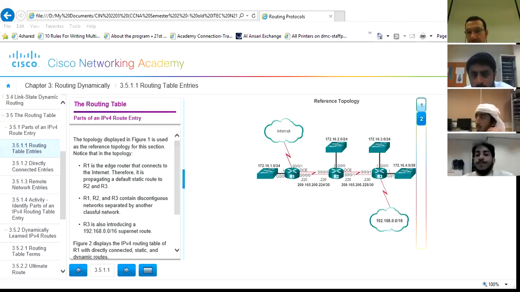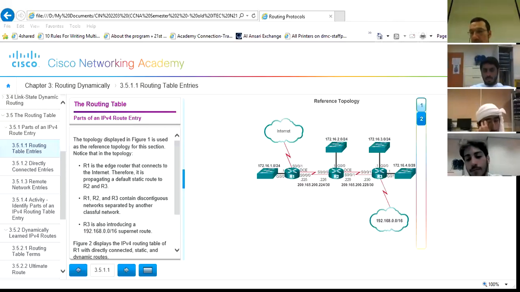So let's have a look. What else do we have here? R1 is connected to network 172.16.1.0 through its G0/0 interface. R1 also has, on its serial interface on the WAN link between R1 and R2, a connection to 209.165.200.224.